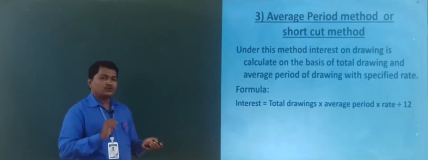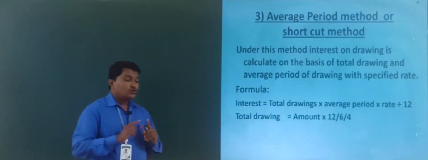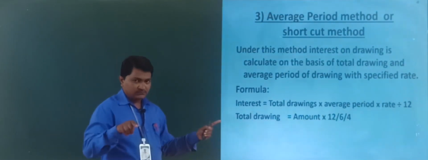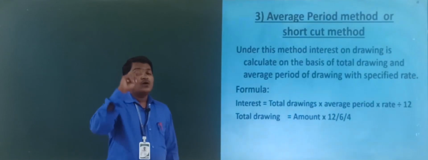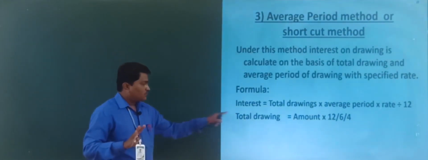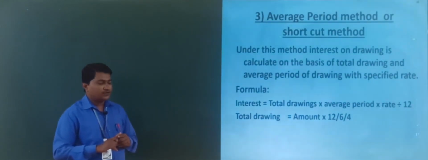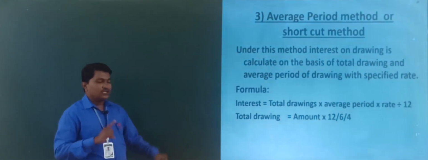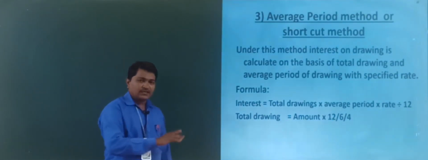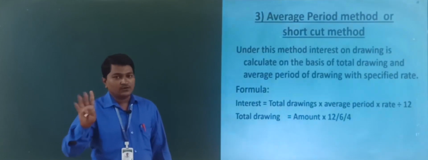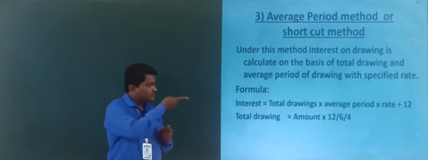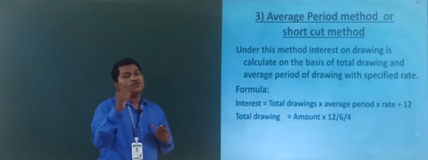So how to calculate the total drawing? Total drawing is equal to amount of drawing into 12 or 6 or 4. Please keep in mind the formula to calculate total drawing: total drawing is equal to amount of drawing into 12 or 6 or 4.